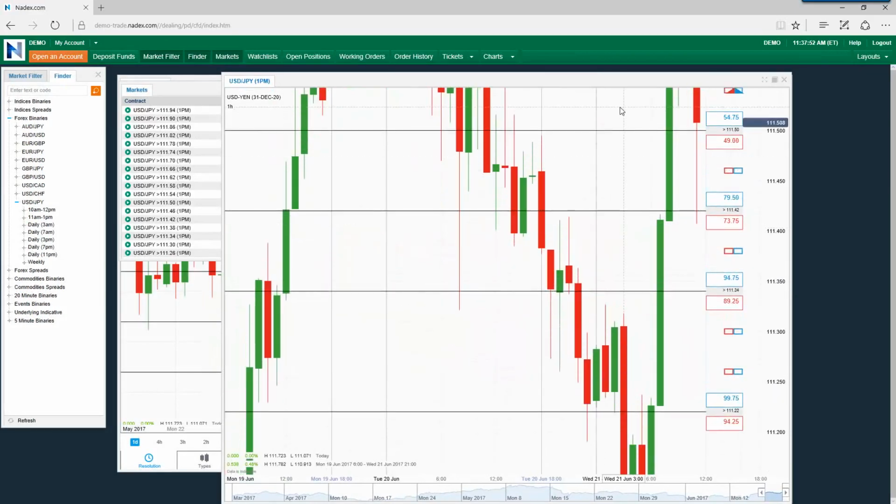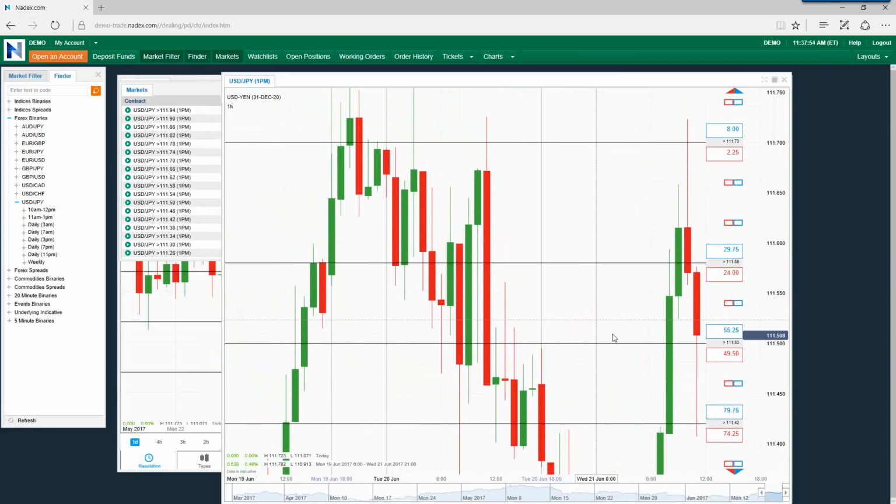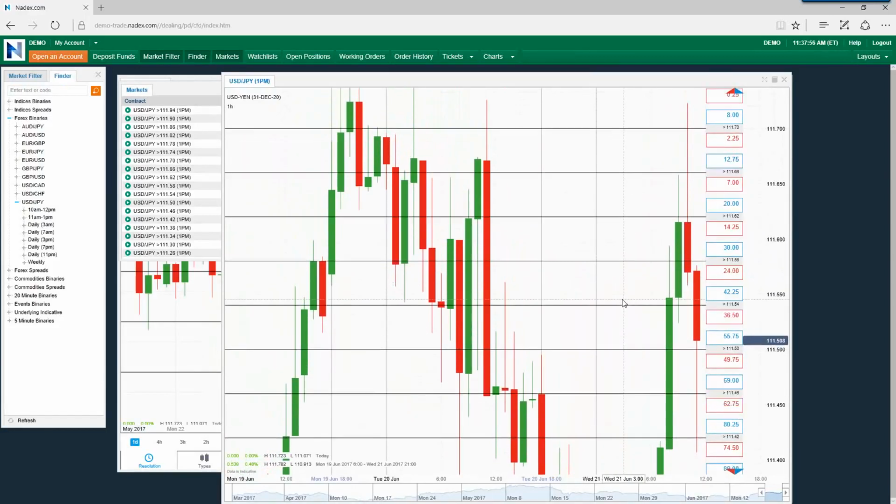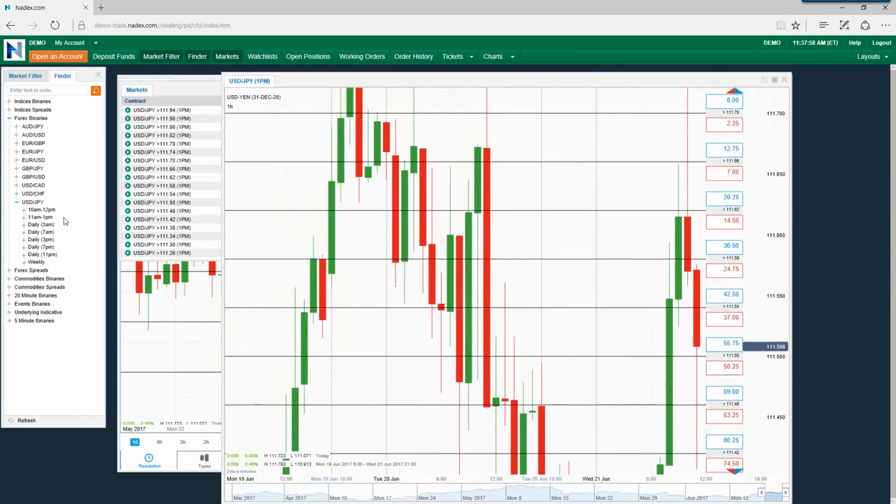Okay. And we have strikes every 4 pips on this. So if I wanted to go long, my at the money would be right here. Okay. The risk on that trade is 54.25. Okay. That's kind of your midpoint on risk.